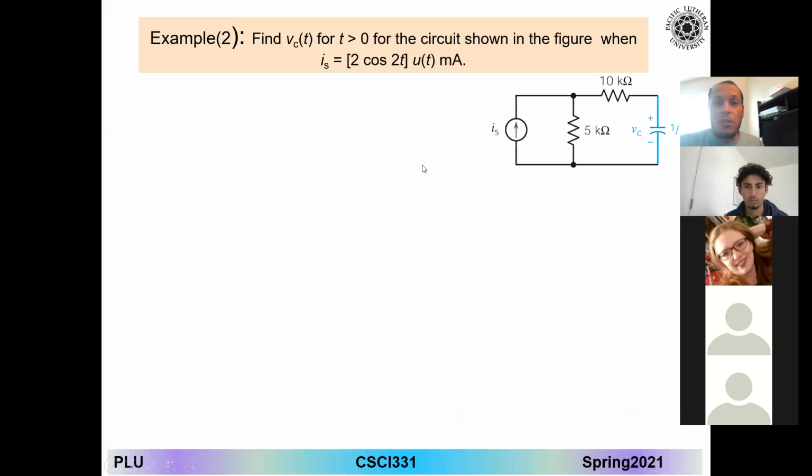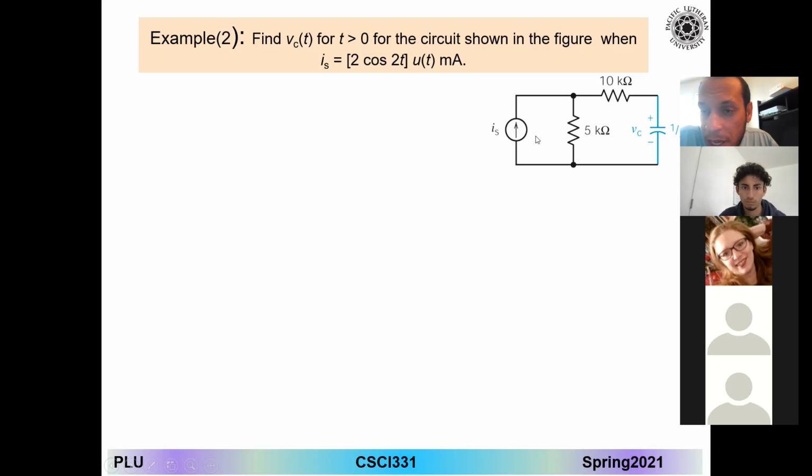So the first one asks you for VC of t, the voltage as a complete response. So for u of t, we go to t less than 0, because of u of t here, my current source is equal to 0 before t equals 0. So basically what do I have?